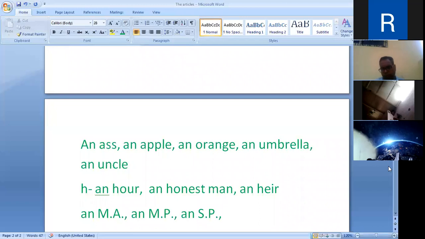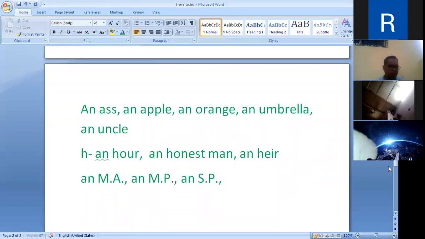Next, a is used. Number one, before a word beginning with a consonant sound.